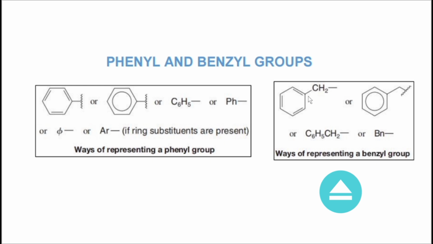One of the bonds will consist of that phenyl group, and the other group will determine the functionality of this particular molecule. So you have a benzyl group, which means a phenyl plus a methylene group together. These are the ways in which you can represent the benzyl group as well.